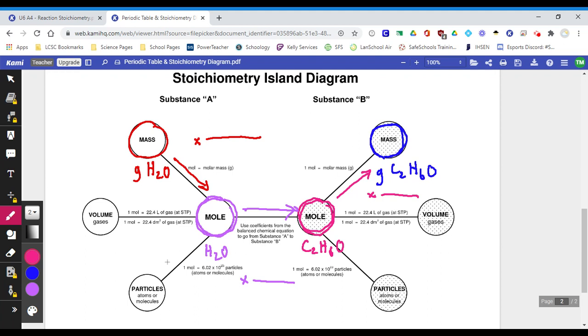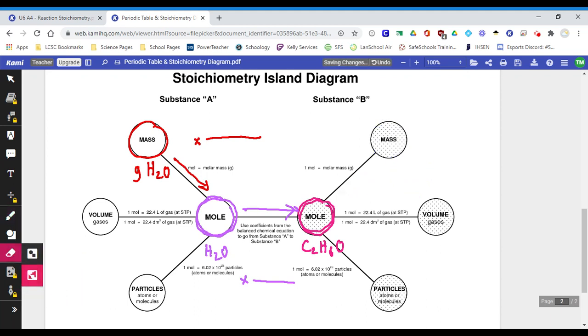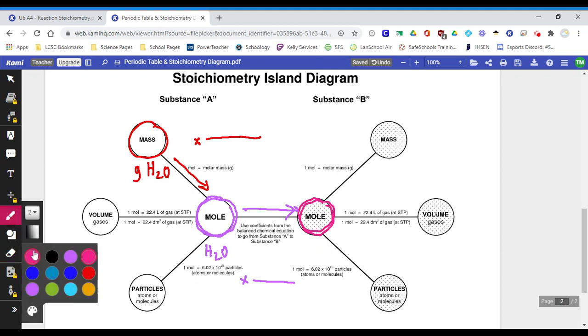But instead of going to C2H6O, we're going to particles of O2. So we erase some of this stuff. We'll be going to moles of O2 and then particles of O2.